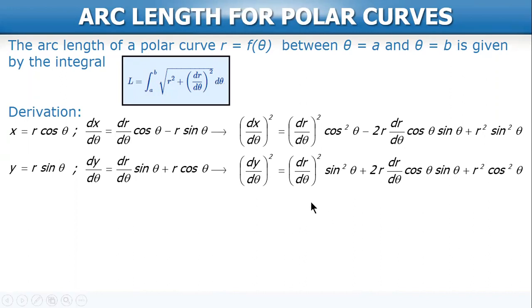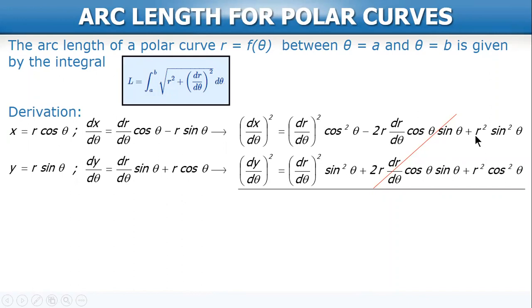So the next step is we add the two equations. The middle terms cancel, and the result is dx over d theta squared plus dy over d theta squared. For this one, there is a common factor, so we add the cosine squared and sine squared.